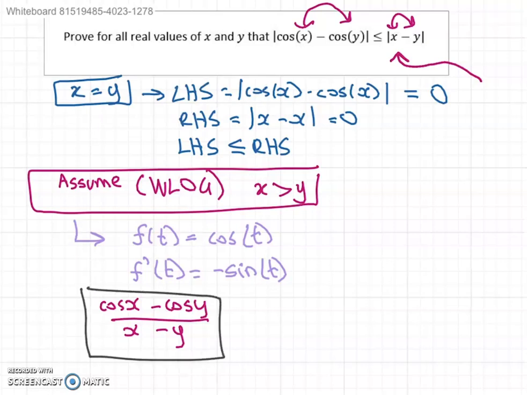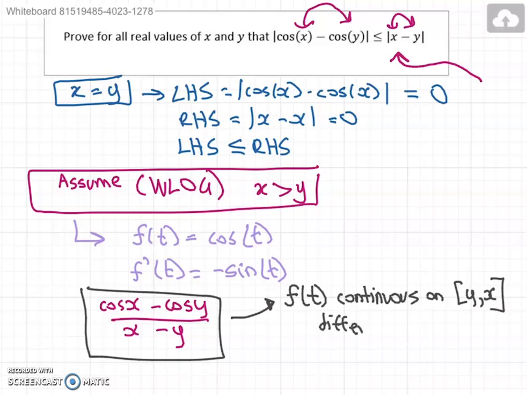This is because we'll write down the conditions that allow the mean value theorem to be used, which is f of t is continuous on the closed interval [y, x], because the function cosine is continuous on all of R, and also differentiable on the open interval (y, x).